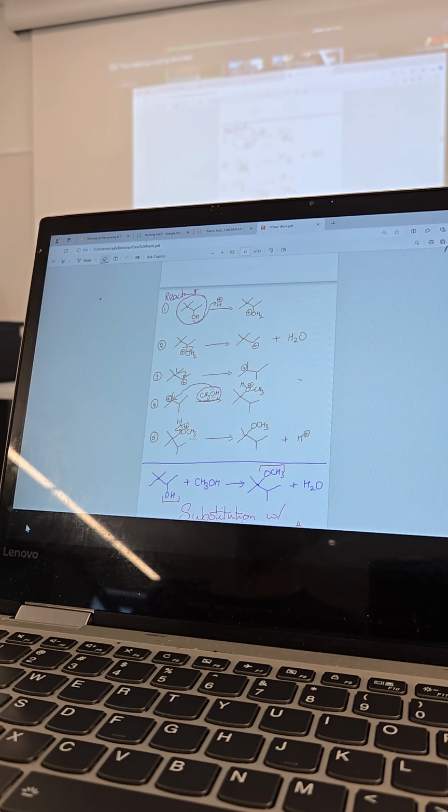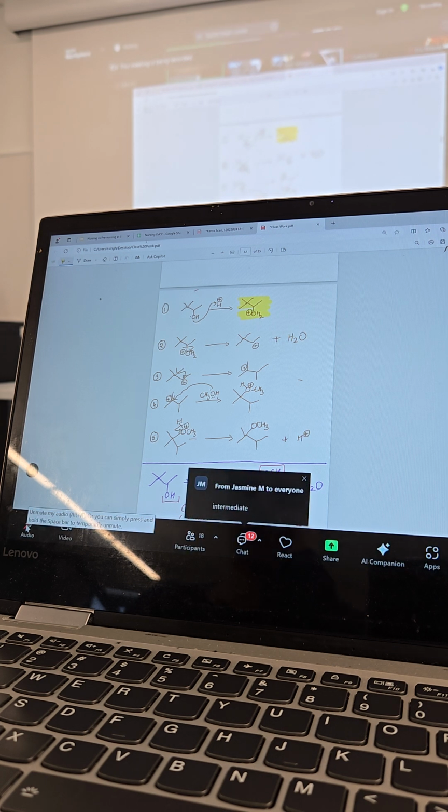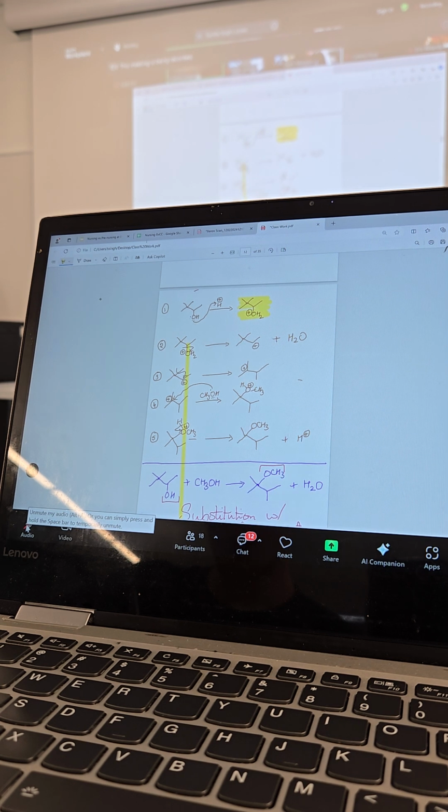How would you label these substances? Let me circle them, then I'll ask you. How would you label this guy? What is that? It's an intermediate because it was created in step 1 and used up in step 2.